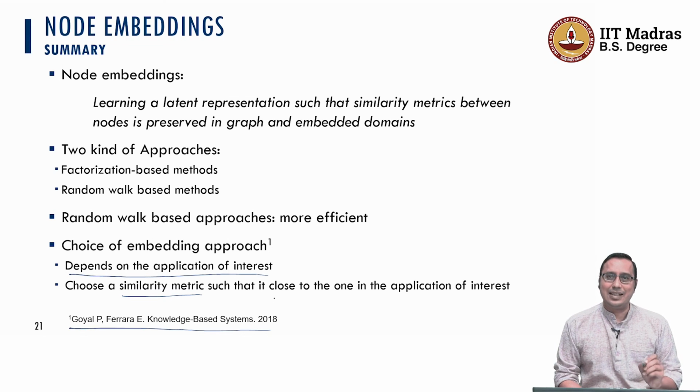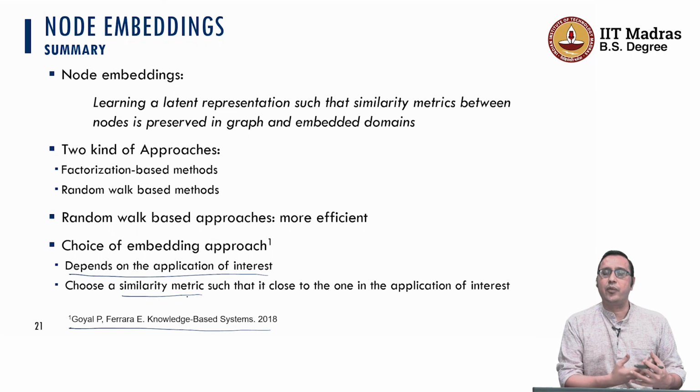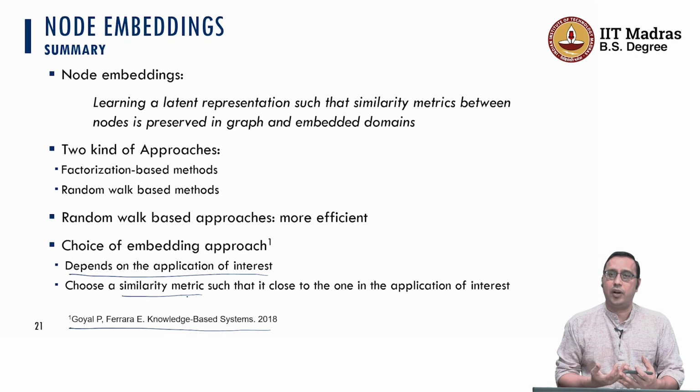We have to choose a method which deals with the similarity matrix that our application of interest needs optimized. So if there is an application where the adjacency matrix itself is a good similarity matrix, then we should go for the graph factorization method. If the probability of two nodes occurring together is a good similarity measure for the application of interest, then we should go for the random walk based method.